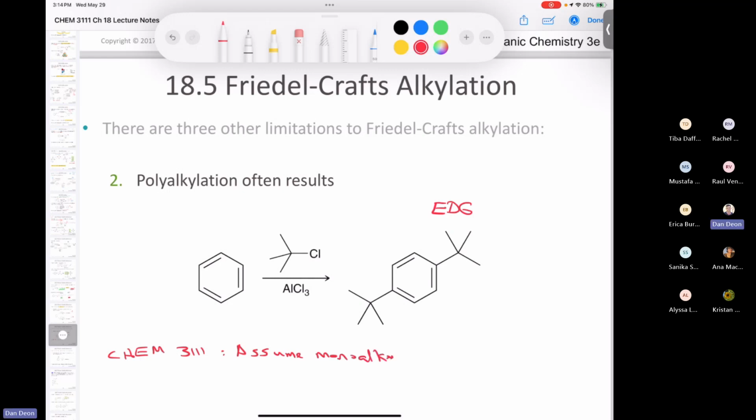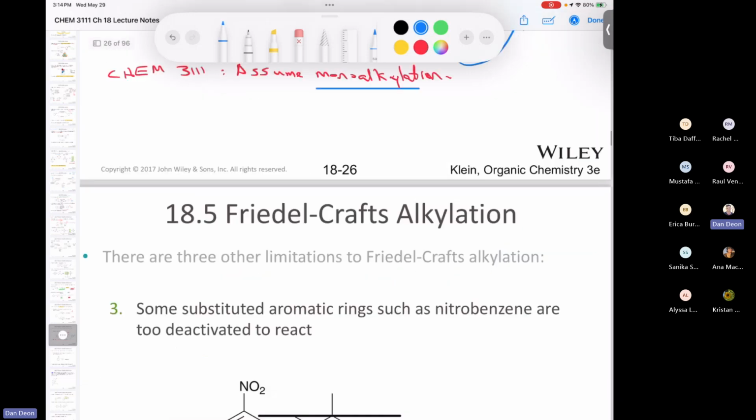Yes, I'm aware that dialkylation and so on can happen. But for this class, we're going to assume that we only get monoalkylation. So we would assume that we get this product only. This is a rule that is there for you to know, but we're not going to invoke it. We're just going to say all you get is the monoalkylation product, and that's it. That's how we're going to do it in our class.